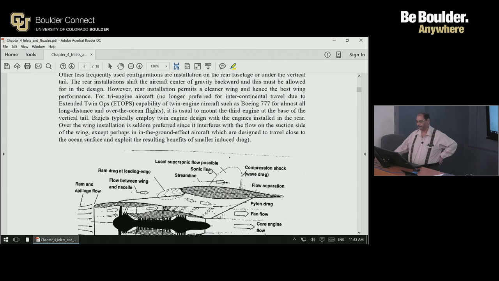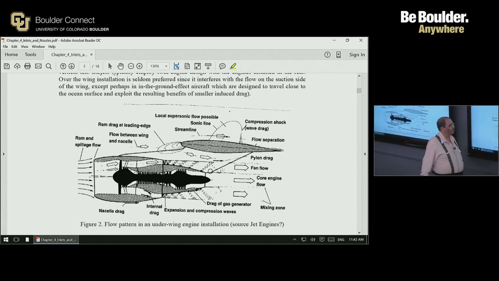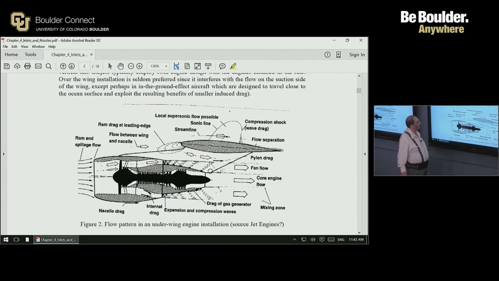So anyway, here's the typical flow with the engine mounted underneath the wing, and you can see the flow between the wing and the nacelle is affected. The flow is significantly affected by the presence of the wing.